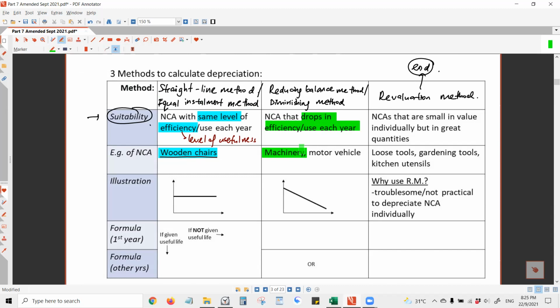Once in a while, you have to keep doing repairs and maintenance, right? The older a machinery is, the more maintenance you have to do, right? So that's why we say that it keeps dropping in efficiency. It keeps giving you lower comfort each year, because you have to do more repairs and it becomes older.